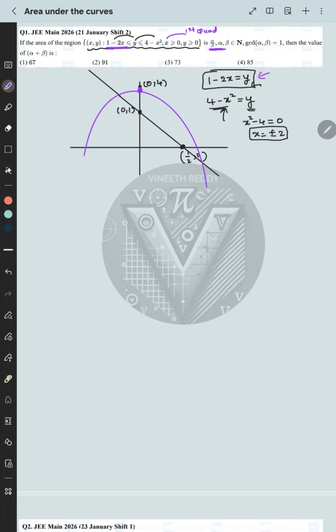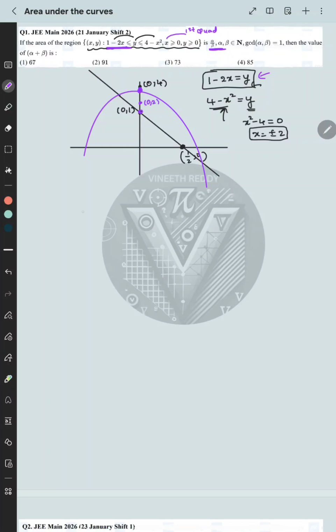See, for that part, what you do is, now this point is 0, 1. The main question is whether the area is below the straight line or above the straight line. Is it in this region 1 or in this region 2, right? For that you do one thing. Let us take a point between 0, 1 and 0, 4, let us take it as 0, 2.